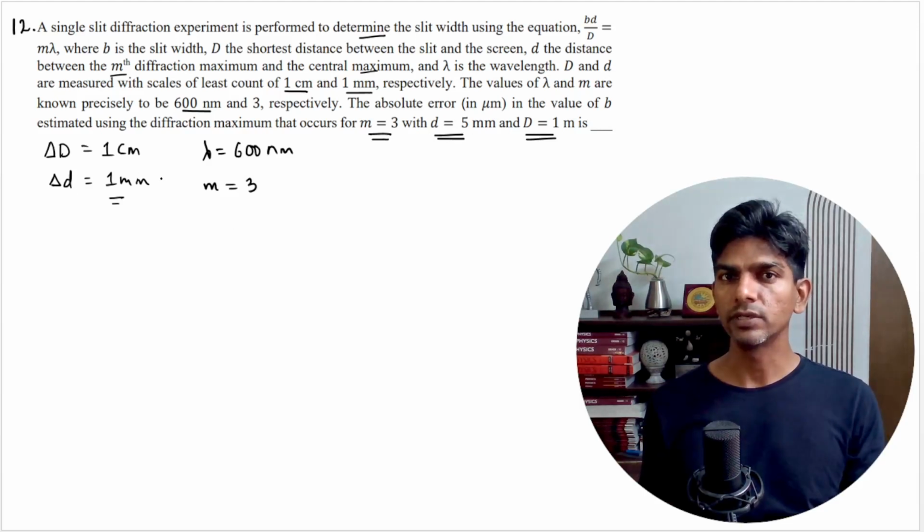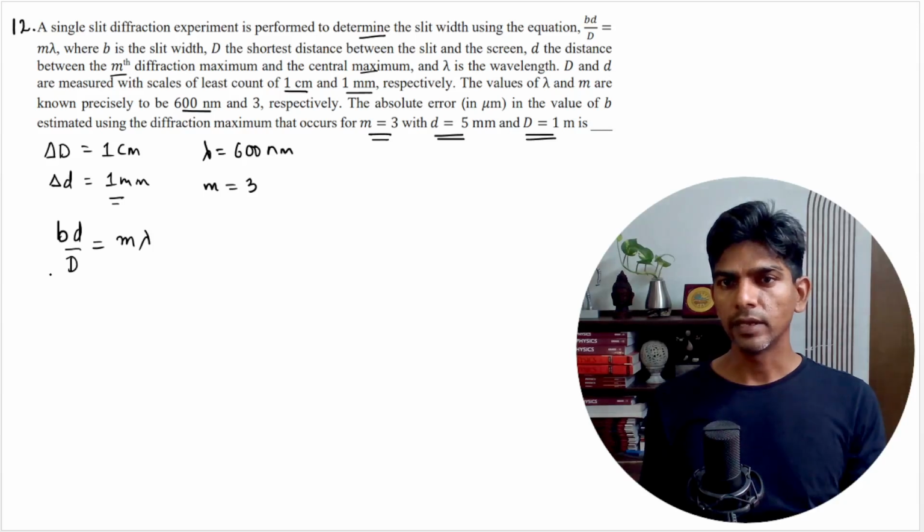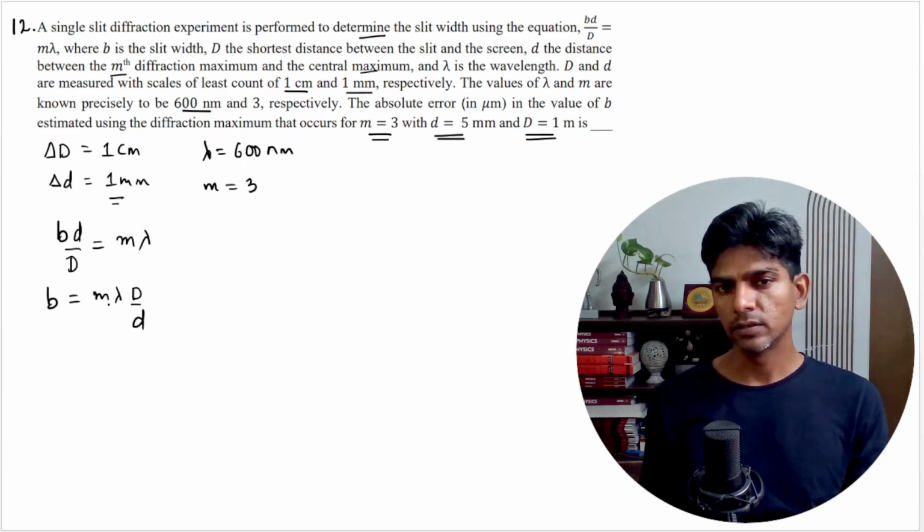but still if we try to find the answer by using the calculus approach, we have the formula bD by capital D is equal to m lambda, and we have to find the absolute error in b. So b can be written as m lambda capital D by small d, where m and lambda have no error.